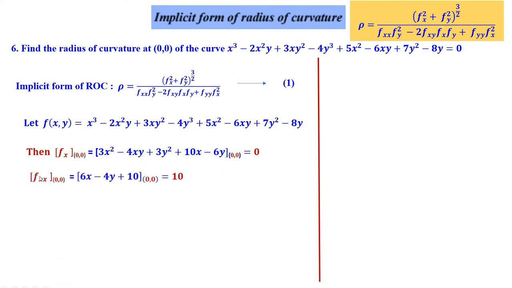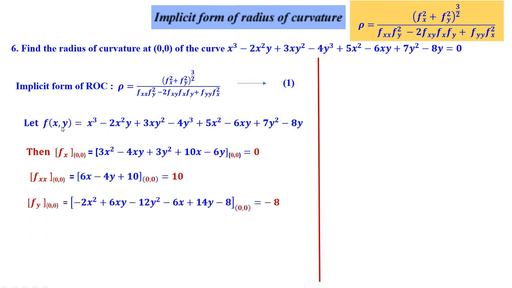And fxx we will consider, so partially differentiating fx with respect to x, so 6x minus 4y, then you don't have x here, it is 10. When evaluated at 0, 0 gives you 10.